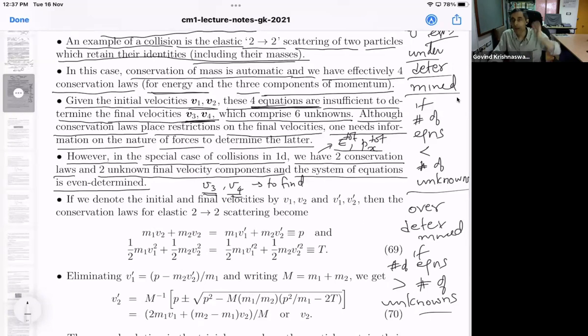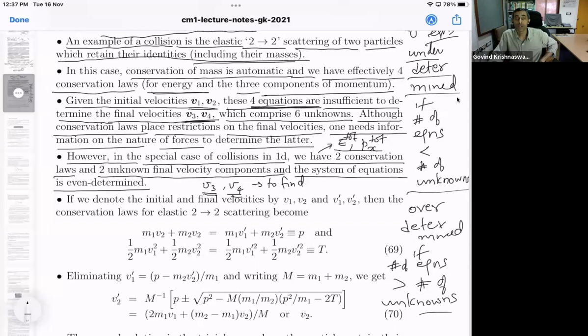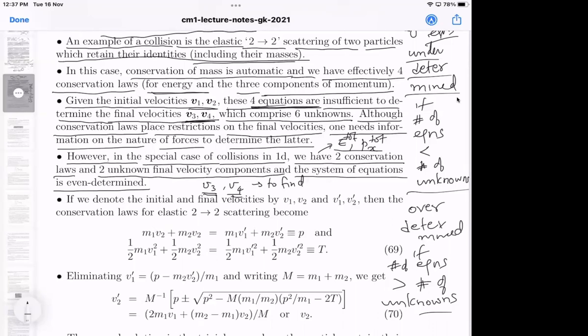Sir, but basically you have more conservation laws also. Yes, but the number of conservation laws doesn't grow fast enough with the number of degrees of freedom. See, the number of conservation laws is one for energy and as many components of momentum as the number of dimensions of your space.